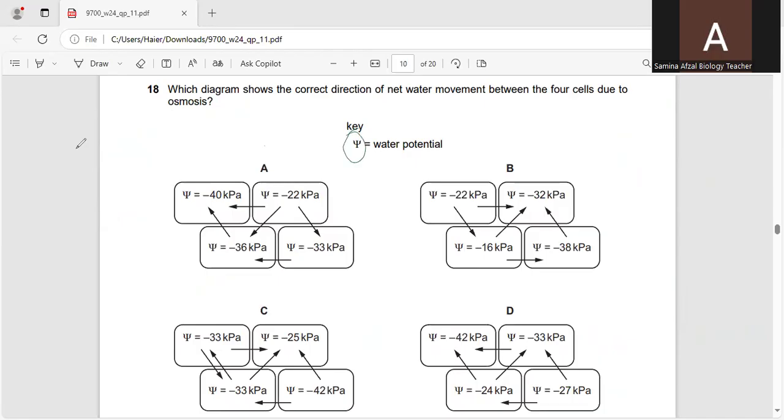You can see A, B, C, and D. In A, the water is moving from its higher water potential towards the lower water potential. So here this one is at its higher water potential because water is moving towards the other three. Four cells have been shown over here.